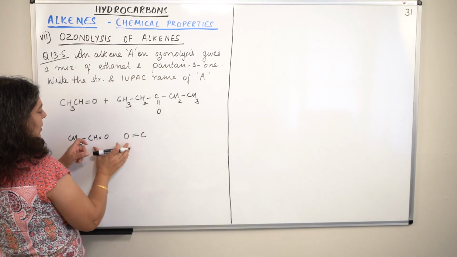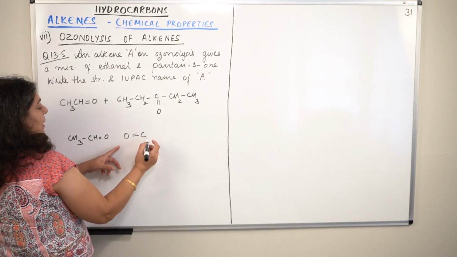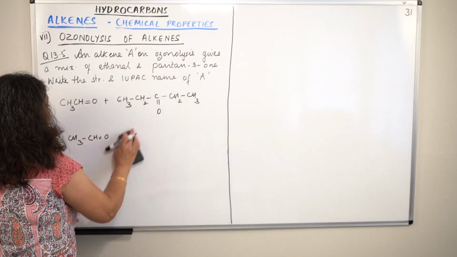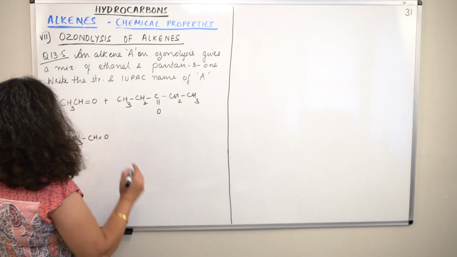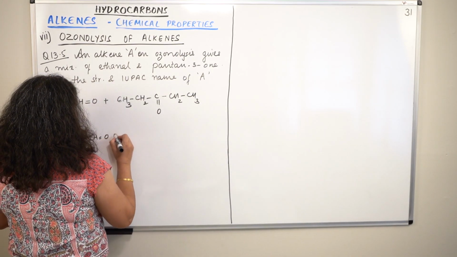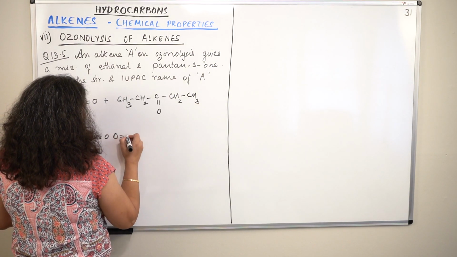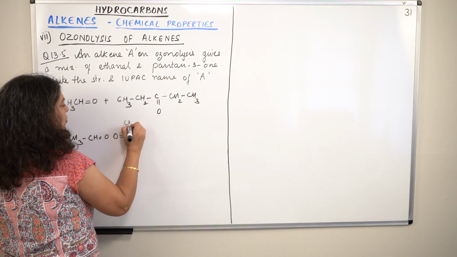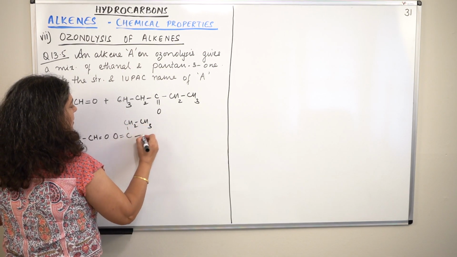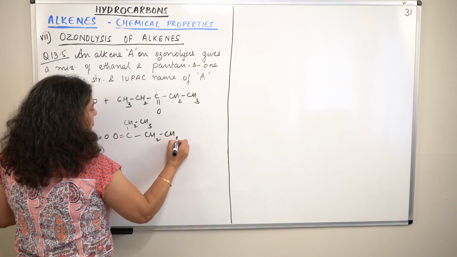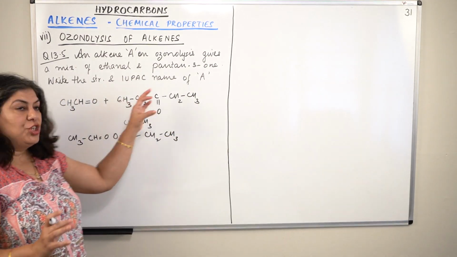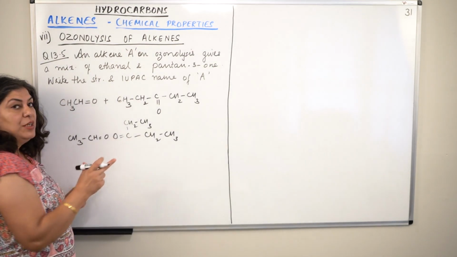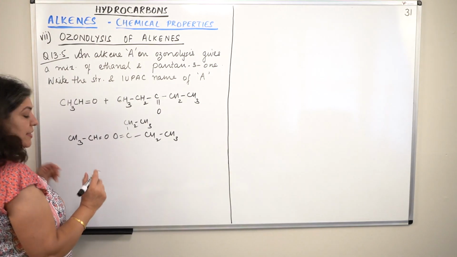The oxygen and carbon should come closer. And I mean closer to this compound. Let me write it a little closer. So oxygen is here and the double bond and carbon should come here. So the rest you can write CH2, CH3, CH2, CH3. Do you see? All I have done is change the orientation in such a way that both the carbons which have the double bond with oxygen are adjacent.